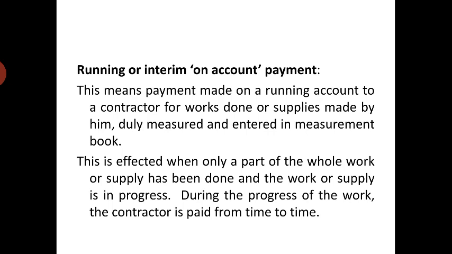Normally, interim release of the payment, or the running payment, is made to the contractors based on the completion of work. For example, I have already given an example of road work: laying of earthwork excavation, 100 to 200 meter cube of earthwork excavation.